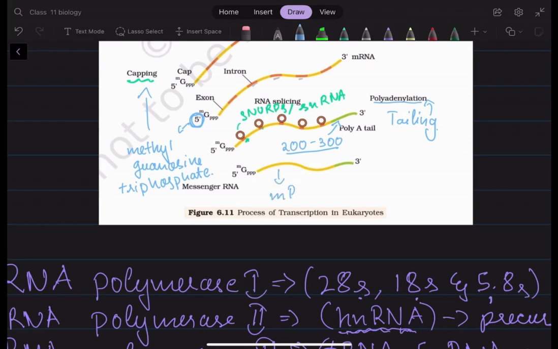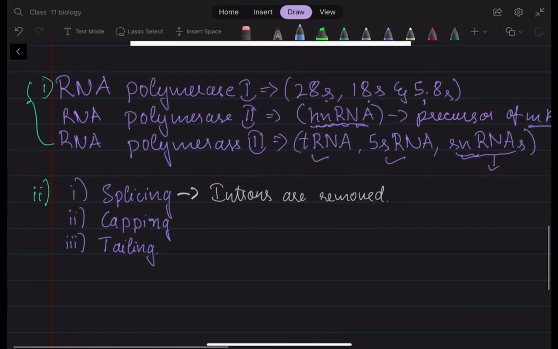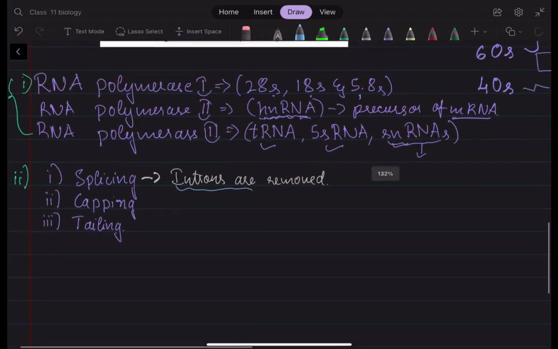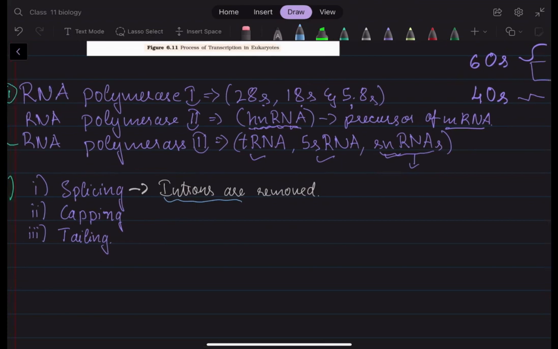So at the end, we finally get our mRNA, which is ready to get translated and form polypeptides. You see here that this splicing, where the introns are removed, is a very essential process, because we don't need these introns to get translated, because they do not code for any amino acids or anything.